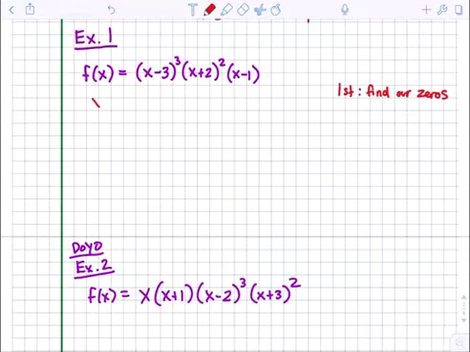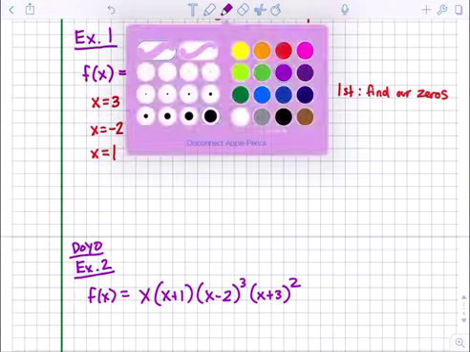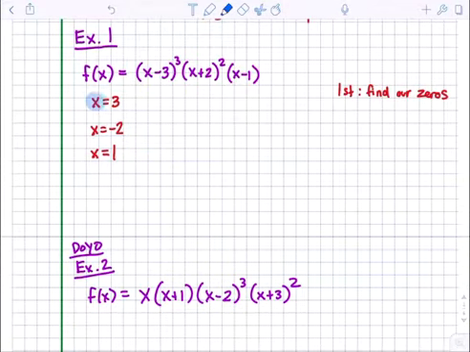Alright, so I know x is equal to 3, x is equal to -2, and x is equal to 1. Now, let's use blue. I know this x is equal to 3. That is a multiplicity of 3.